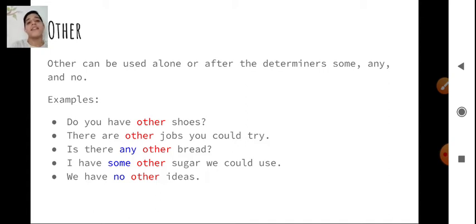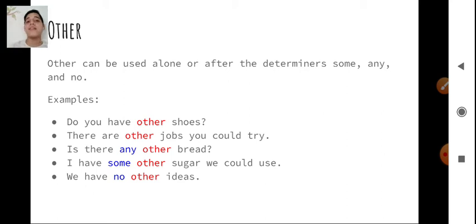Now, let's take a look at the next example. It says, is there any other bread? Take a look at this because right now we are using two determiners. The first one is any, and the rule is telling us we can use other alone or after other determiners like some, any, and no. So we have any, and after any we can put other.